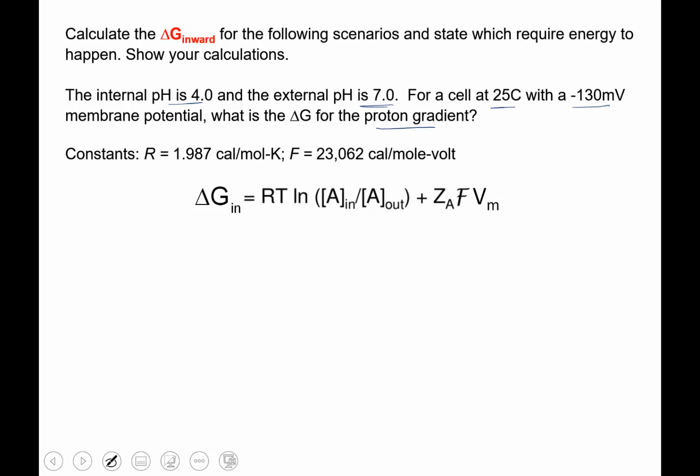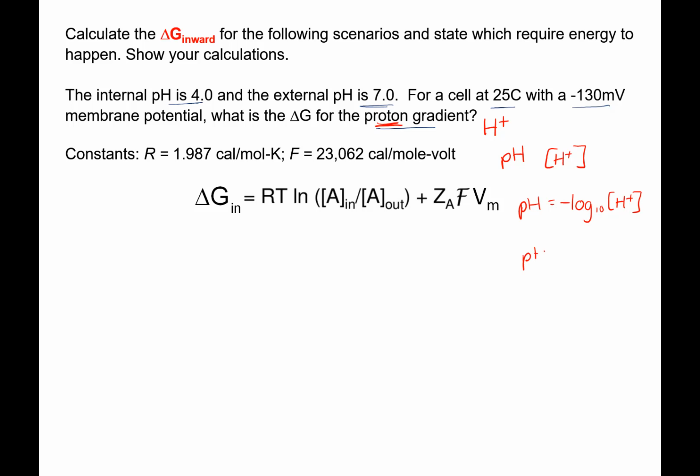Okay, so one of the things I want you to remember is protons in biology is H+. And hopefully you remember that the pH is talking about the concentration of H+. So they're related. The pH equals the negative log 10 of the concentration of H+.